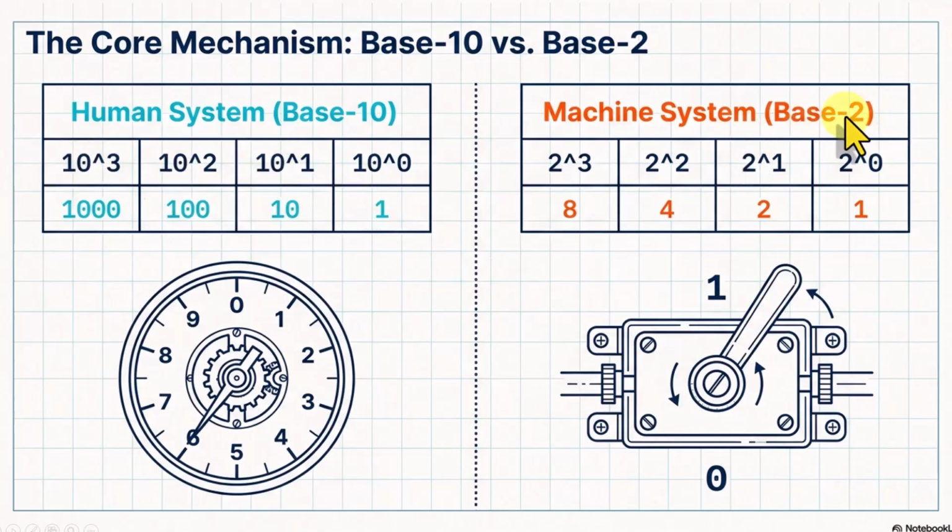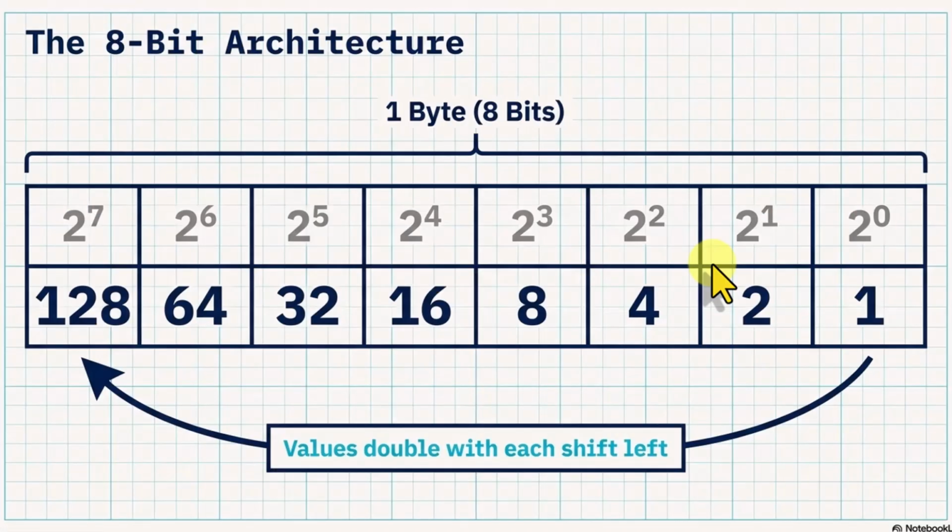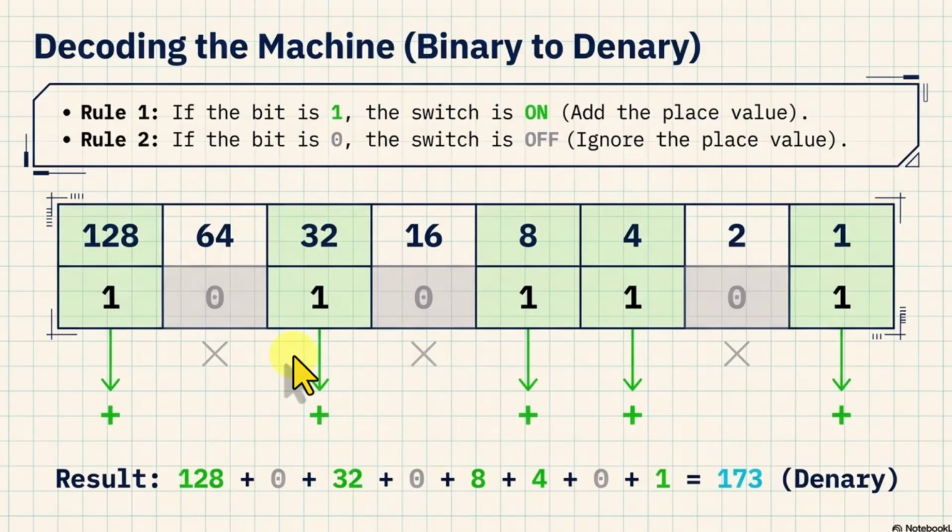In the binary or machine system, our base is 2, so it is 2 to the power of 0, 2 to the power of 1, 2 to the power of 2, which starts the place values at 1, then 2, 4, 8, 16, 32, 64, and so on, as you can see here. Values double with each shift left: 2 doubles to 4, 4 doubles to 8, 8 doubles to 16, 16 doubles to 32, and so on till the end.